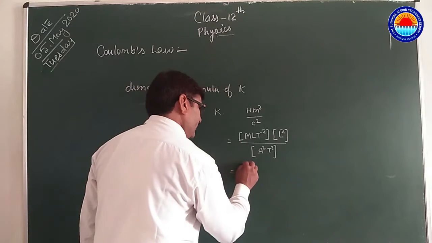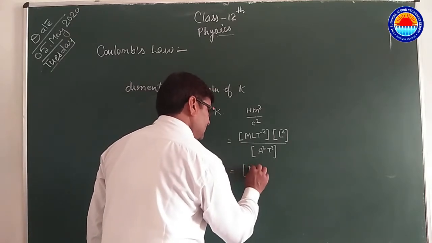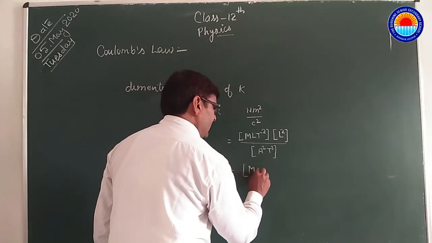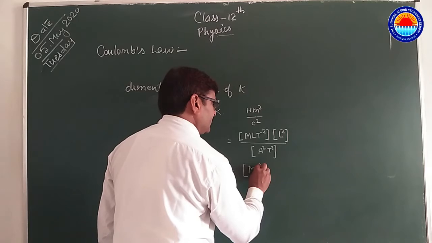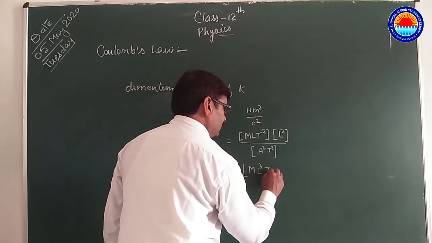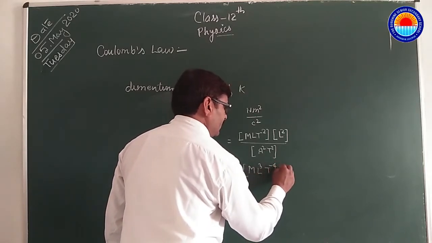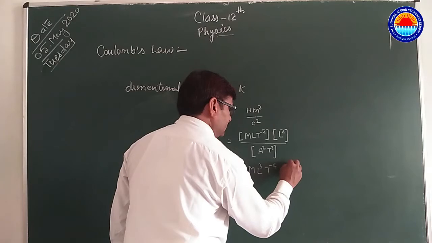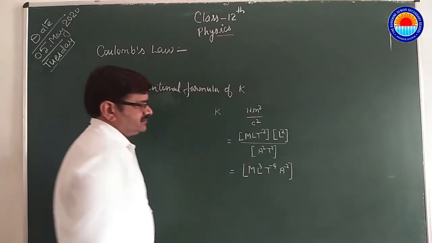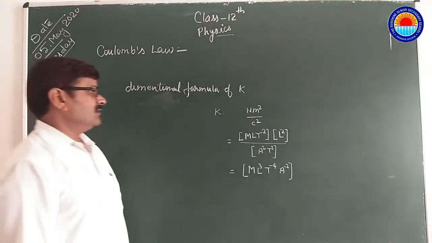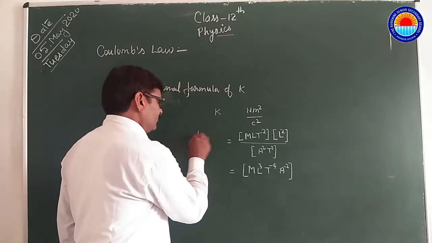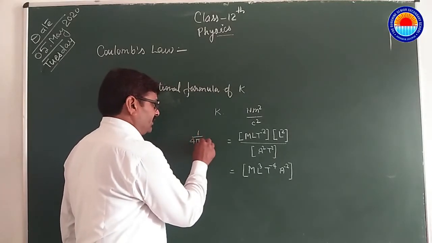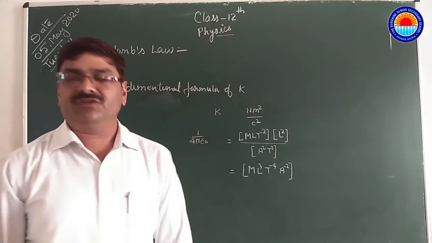By this we can write it as M L to the power 3, T to the power minus 4, and A to the power minus 2. This is the dimensional formula of K, that is, 1 by 4 pi epsilon naught.